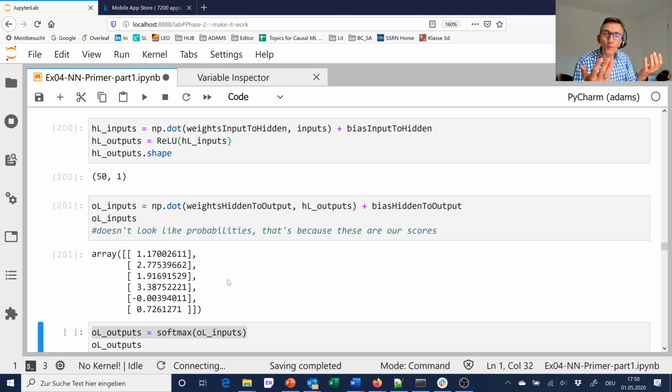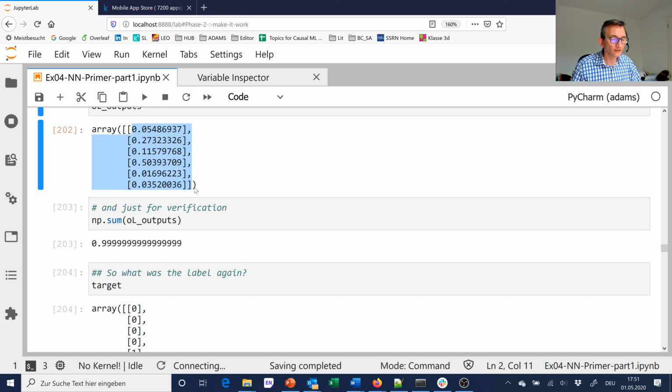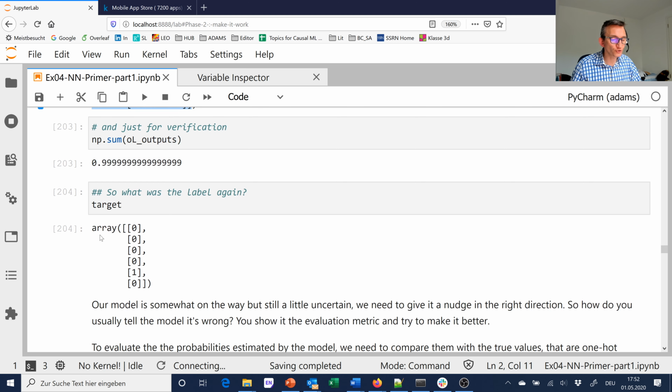Yeah, and then this is our output, right? Our output probabilities. And here's our true target. And unsurprisingly, again, if you look at this vector carefully, you will notice that that's a user rating of 4 stars, which was the by far most prominent class in the dataset.